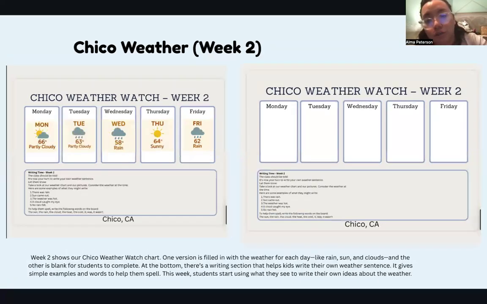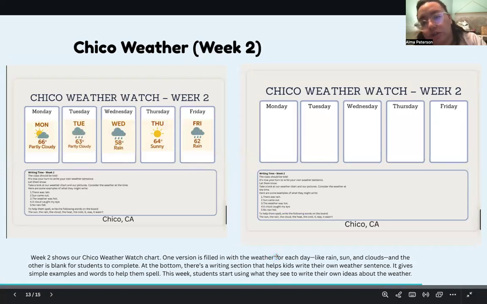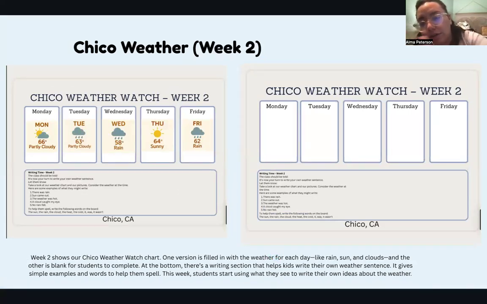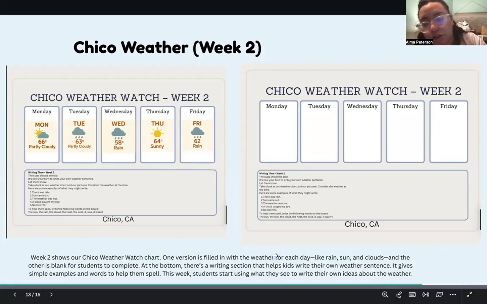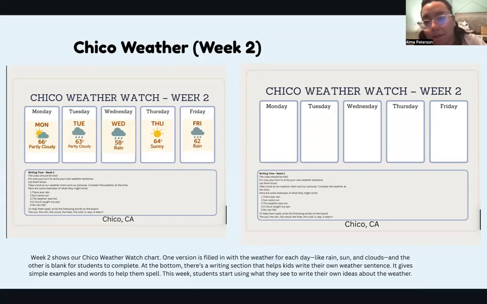Then by week 2, they're still going to look at the weather, but I want them to be able to write their own sentences like, there was rain, the sun came out, and so on.